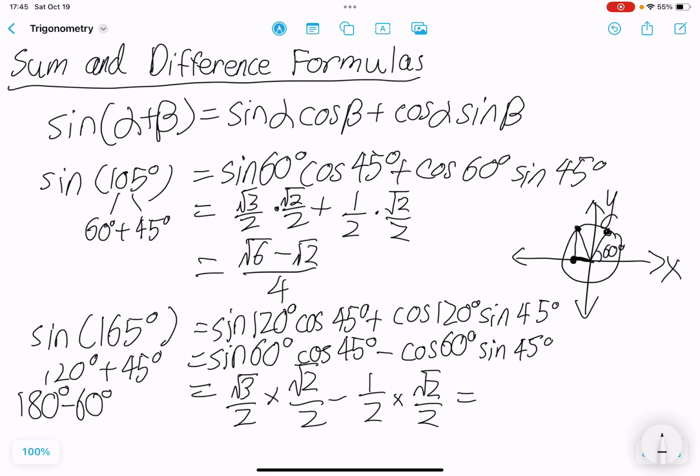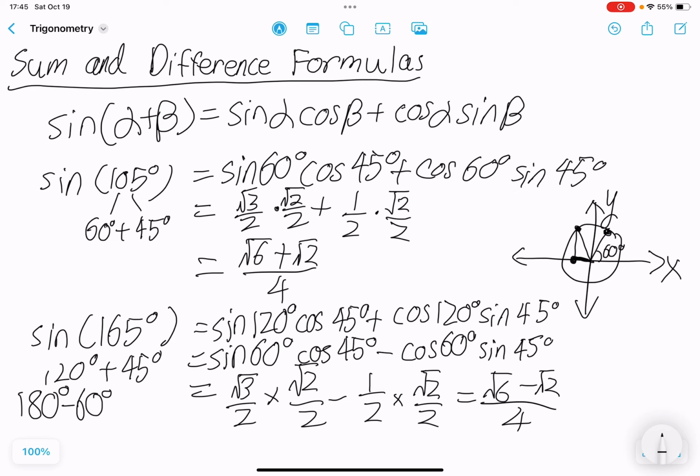And this is actually root 6 minus root 2 over 4. And I just realized I made a mistake over here. This is a plus sign, so this is root 6 plus root 2 over 4, not minus. Okay, so this is our answer for sine 165 degrees.